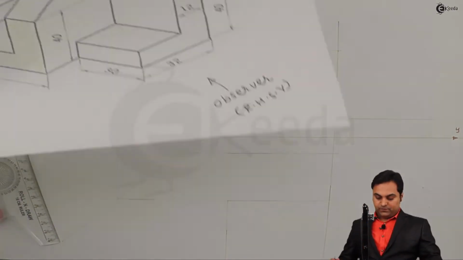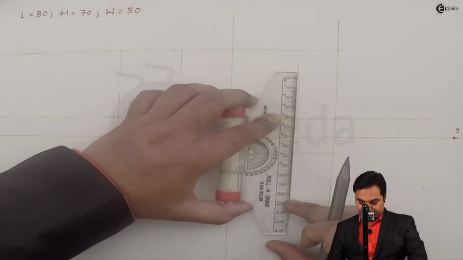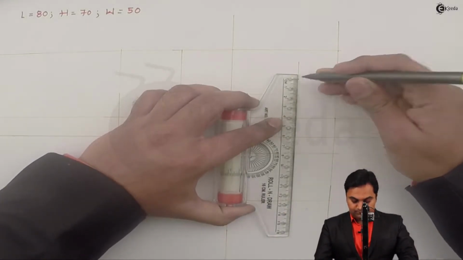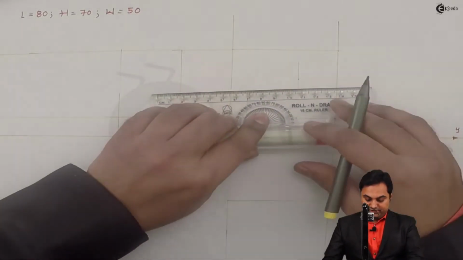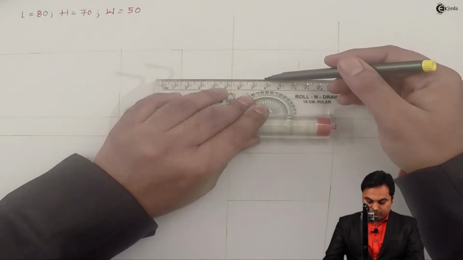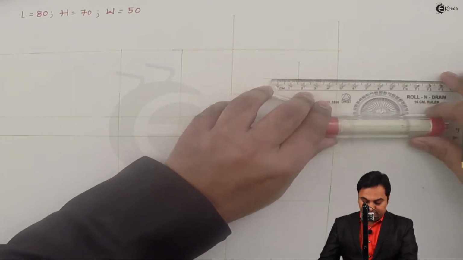Next, here the height is 40 mm. So measuring 40 and then drawing a light horizontal line through it. Next, measuring 12 mm from the other side as well.